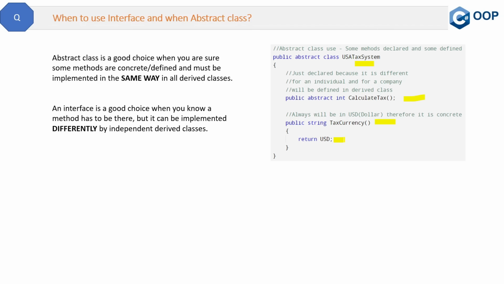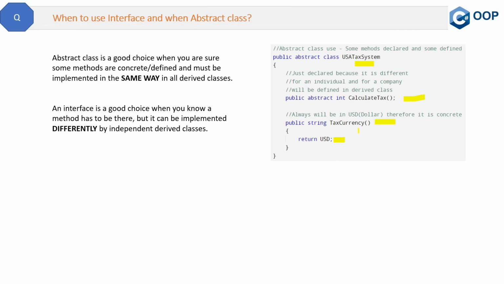So in this tax currency the derived class will just use this already defined method. So in this way abstract class is useful with some declared and at least one defined method.